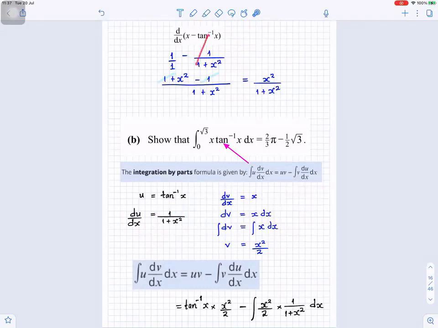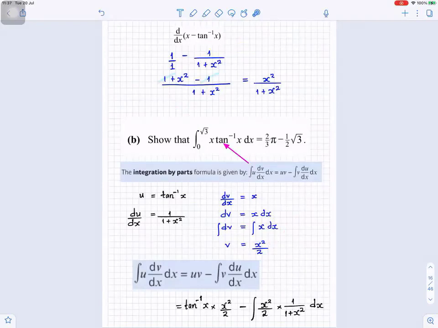We've done that earlier. If we put dv over dx equals x, dv would be x dx, and the integral of dv will be the integral of x dx. So v would be x squared over 2.